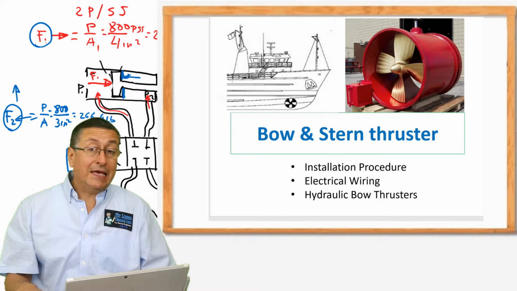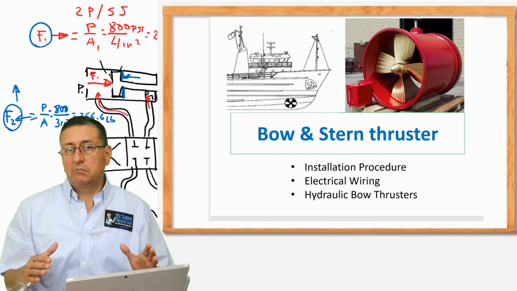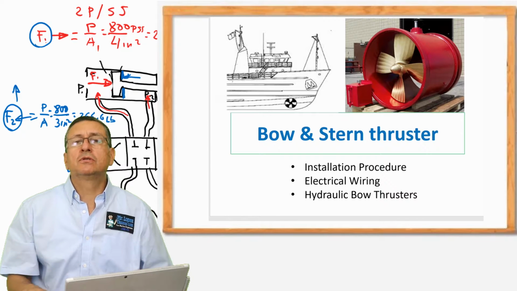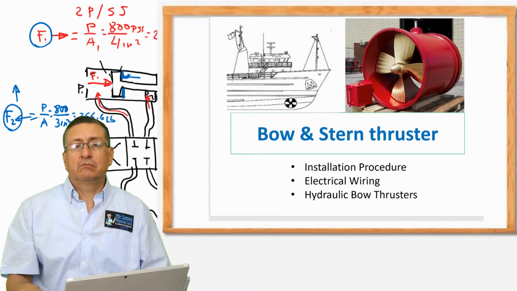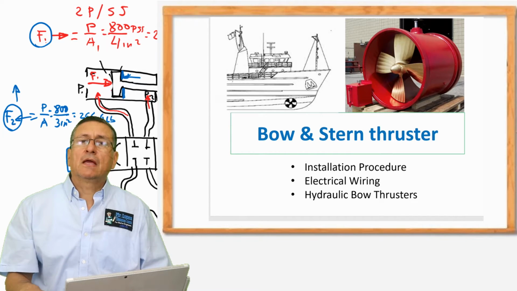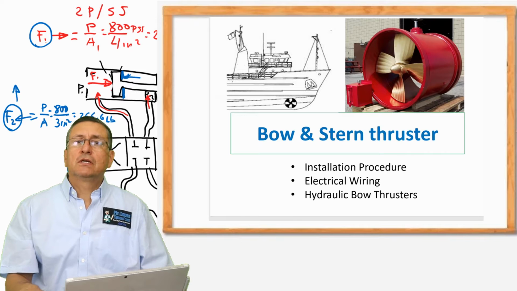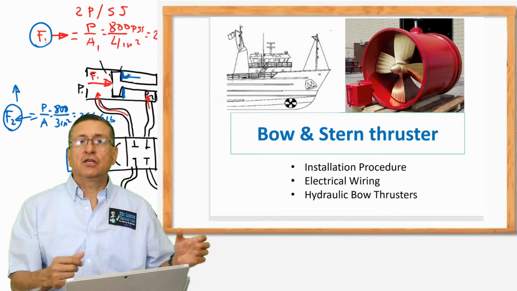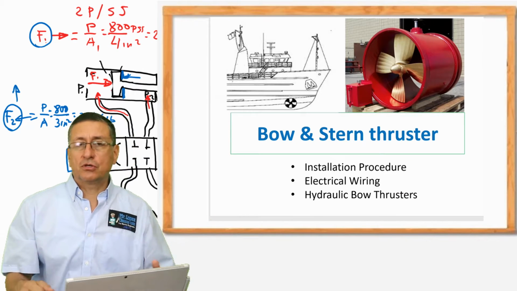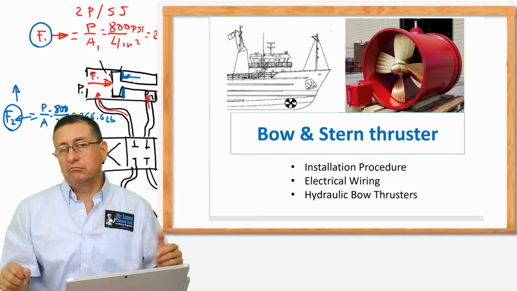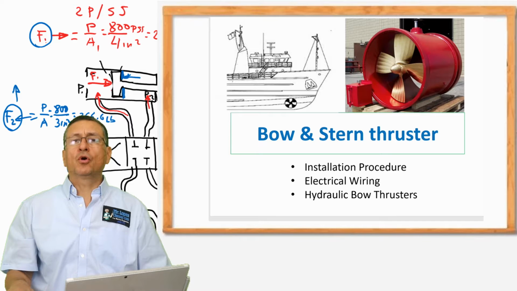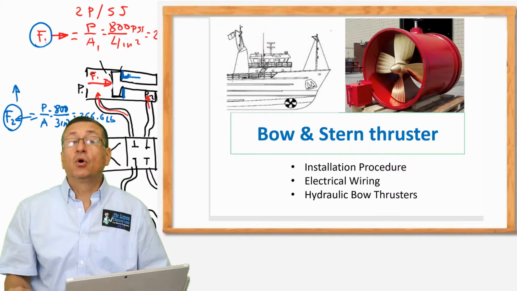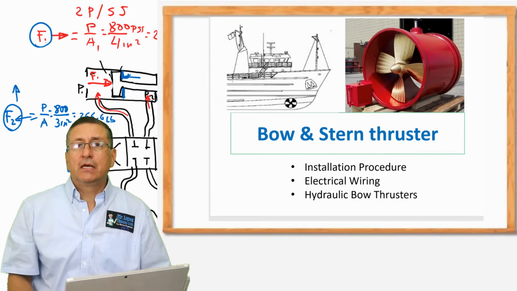The electrical AC are considered for medium and big boats, and the hydraulic bow thrusters are considered for mega yachts, big boats. Depending on the thrust that you need to produce with the bow thruster, you select hydraulic, electrical AC, or electrical DC.